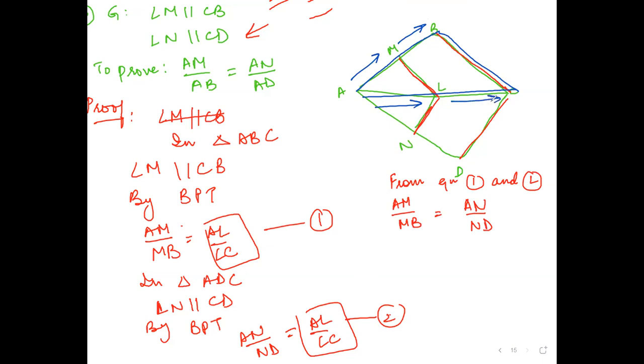So AM upon MB is equal to AL upon LC. The question is not complete yet because I have to get AB here. So far is it okay up till here? Okay, now we will do the remaining portion. Have you written? Shall I rub it? Please note it down because I need some space.